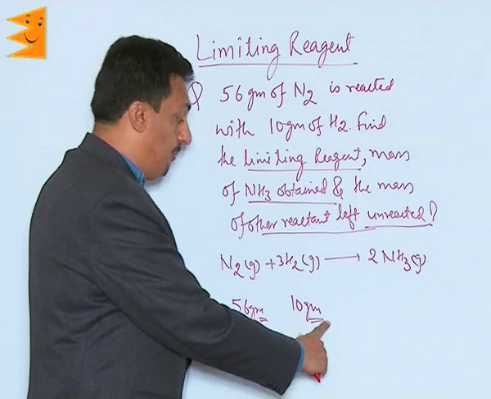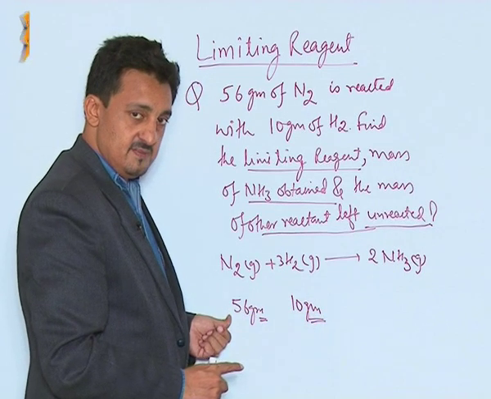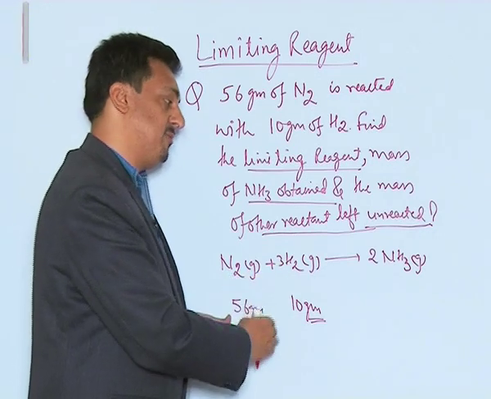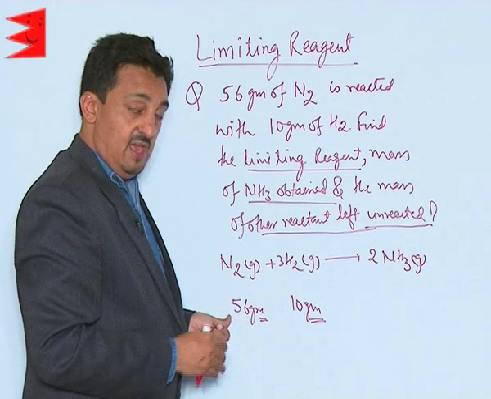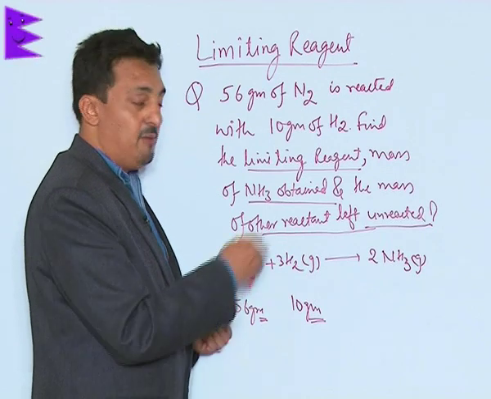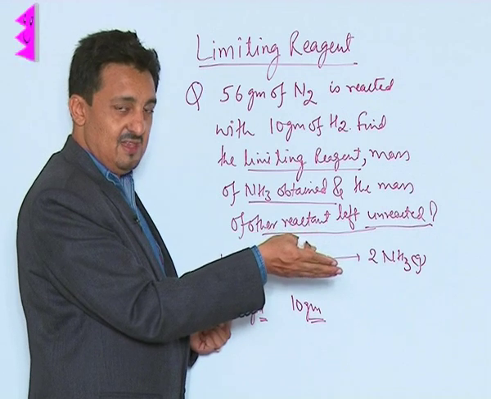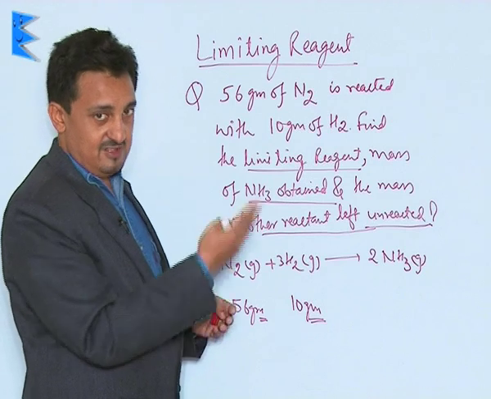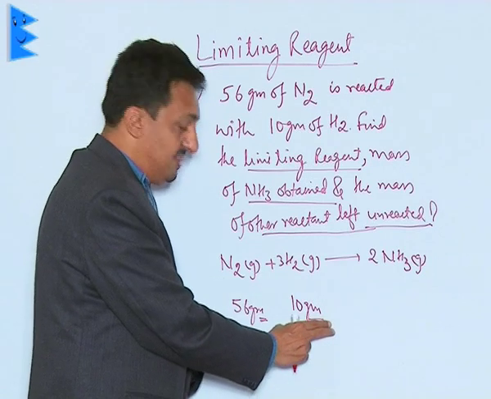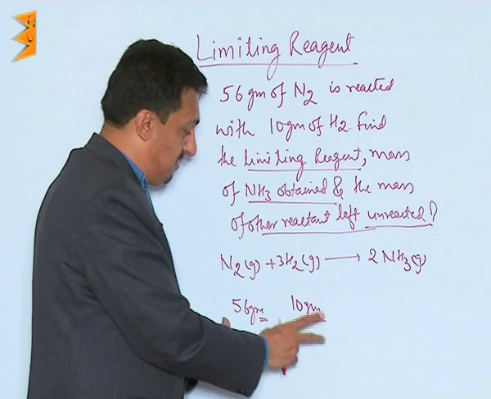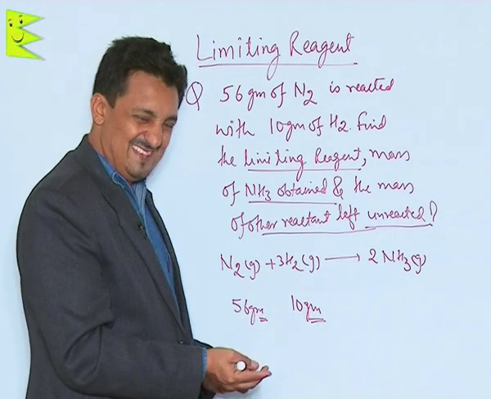You can see both these reactants are given. Earlier, in the earlier numericals, we were given only one of the reactants and were supposed to find out how much of the product is formed. In those cases, we always took the other reactant in excess because we were never bothered about how much of it would be there. Now, since both of these are given, we have to find out stoichiometrically which is present in the lesser amount and which is present in excess.